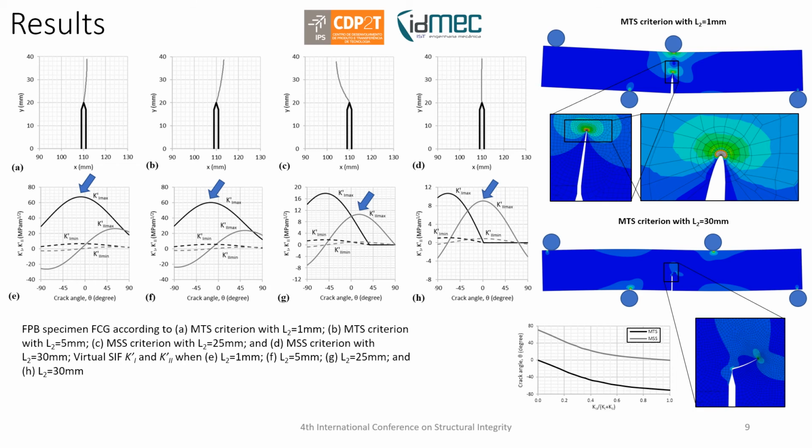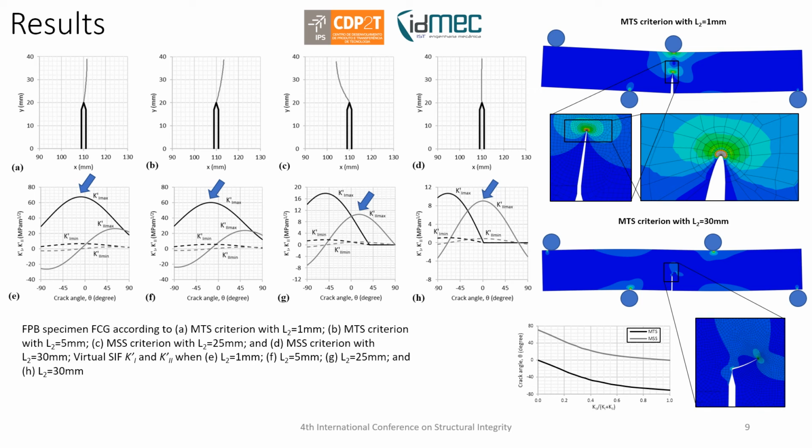The same conclusions can be derived from the analysis of the 4-point bending specimen, where we cannot achieve pure mode 1 conditions. So even when the support is placed on top of the crack, we can still see some crack deflection. The deflection increases as the loading support is moved to the right.